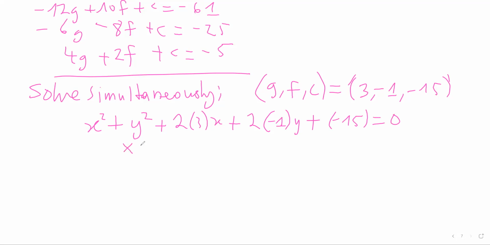And this is x squared plus y squared plus 6x minus 2y minus 15 is equal to 0. Okay.